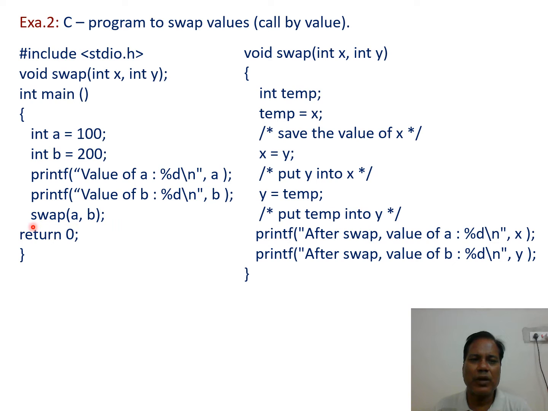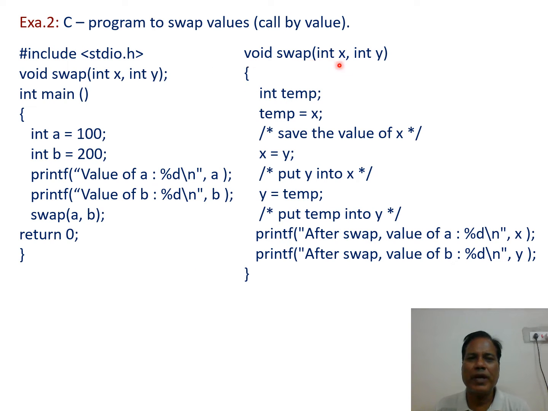Now writing this statement, swap(a, b); swap function is called, then control goes to the swap function, and values while calling the swap function, value of a and b is passed to the swap function.